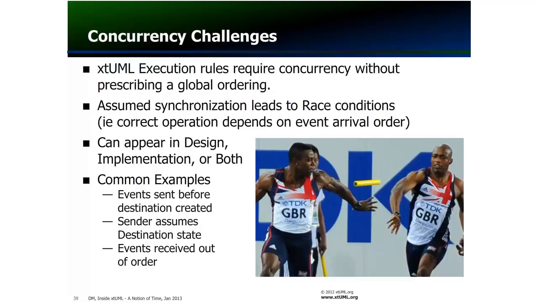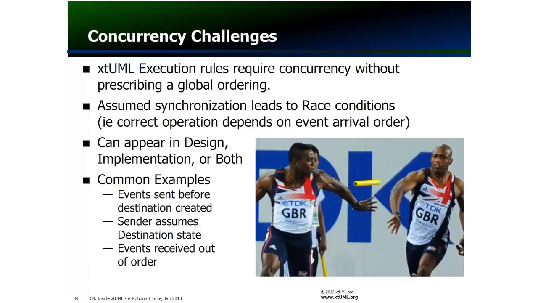Consequently, alternative interpretations, which may be inconsistent with the initial interpretation, become very hard to spot, and for designers, race conditions can appear. Three common circumstances where synchronization problems can appear are listed on the screen.